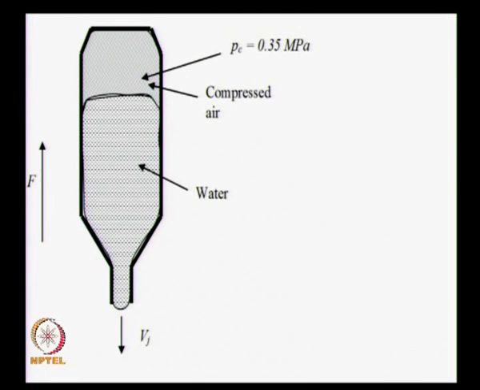Well, we also talked in terms of a liquid rocket, or a water rocket, wherein I could have water, pressurize it and push it down. Maybe we will solve this problem in class a little later.